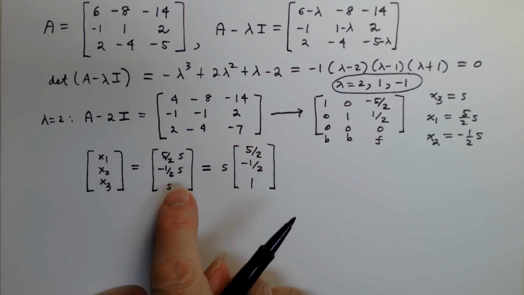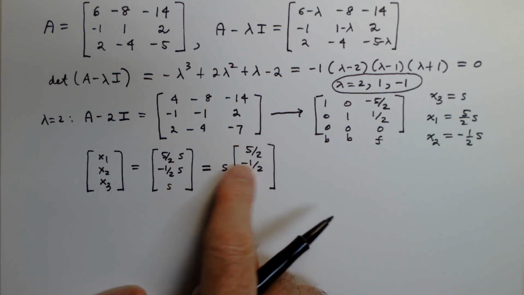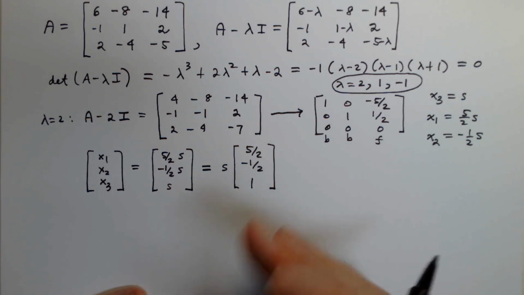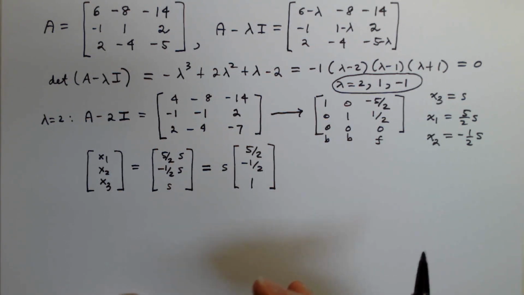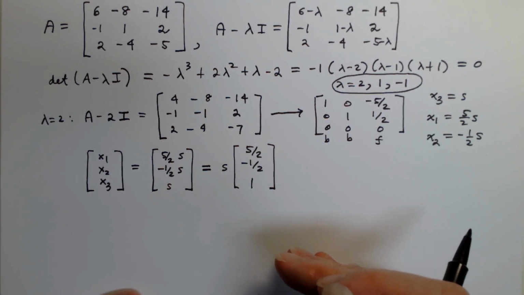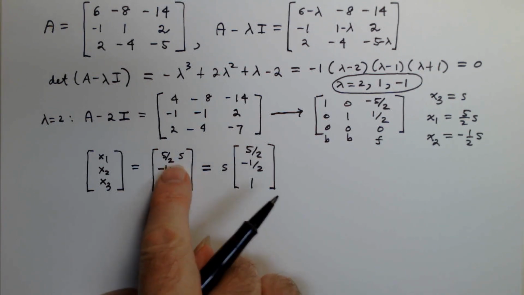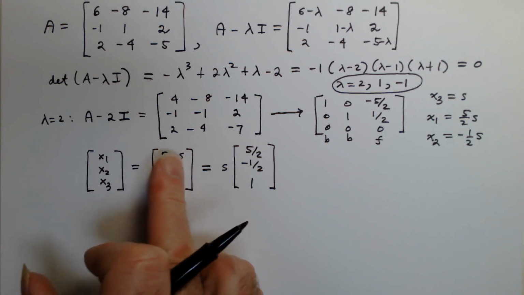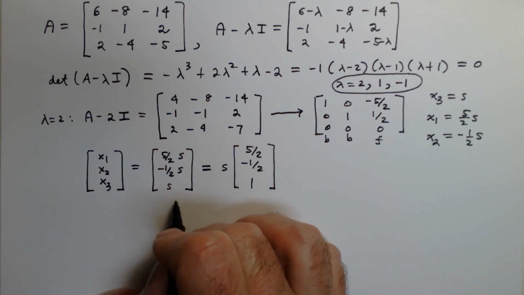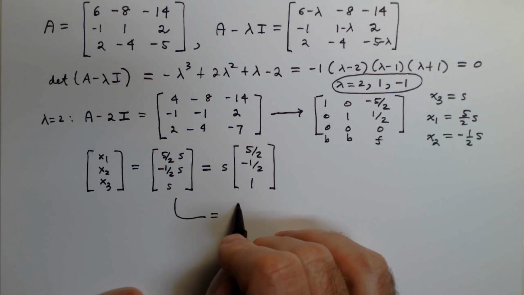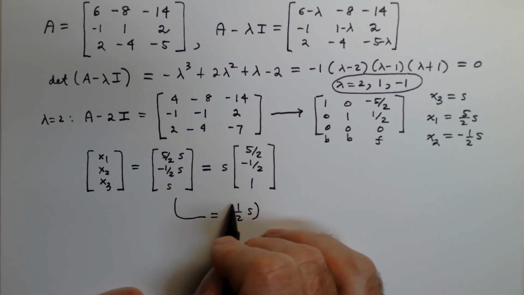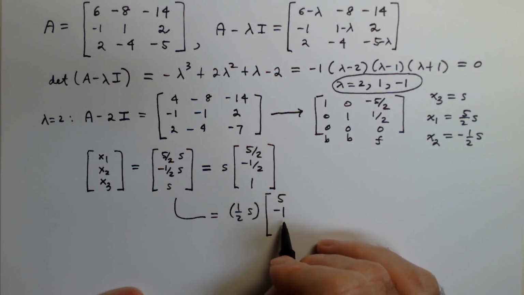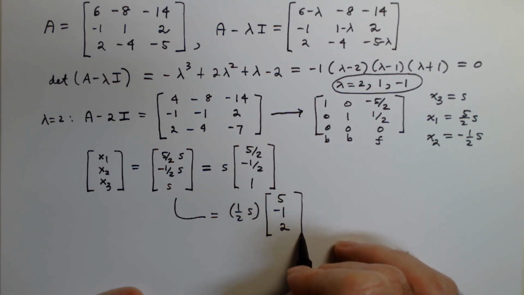You get a nicer looking basis vector if instead of just pulling out s, you pull out 1 half s. It's sometimes nicer to have a nicer representation for your basis vector. So instead of just factoring out s, I'm going to factor out s over 2, a half of s. So I'd rather write this as 1 half of s times 5, negative 1, and 2.